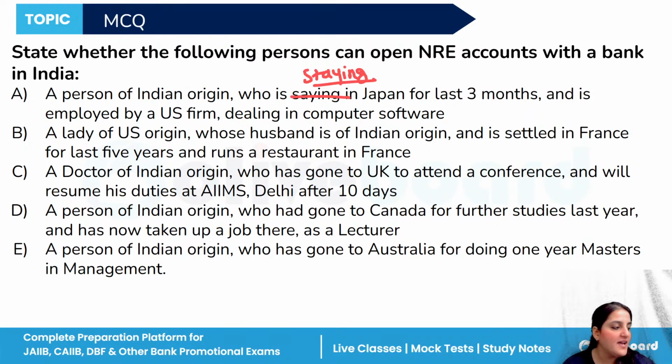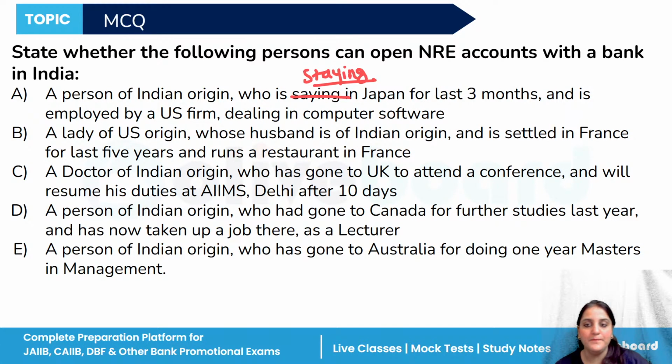So can this person open the NRI account or not? Basically, this person cannot open the NRE account because this person is of Indian origin and is staying in Japan for 3 months, and this is not fulfilling the limit, so basically this is not able.